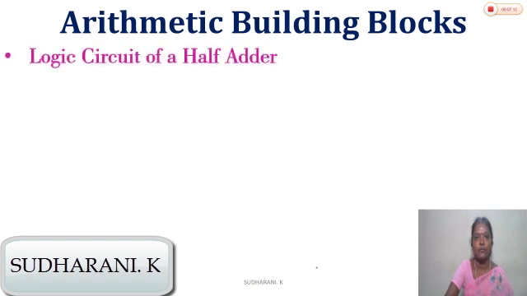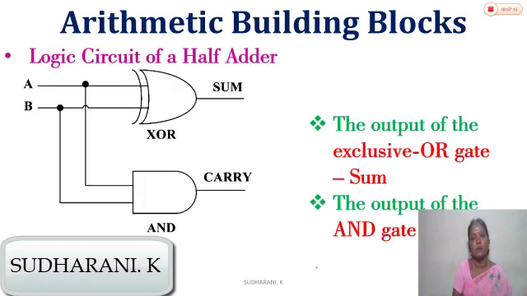So now we have framed the Karnaugh map for the outputs sum and carry. Now let us construct the logical circuit of a half adder. The output of the exclusive OR gate is the sum and the output of the AND gate is the carry.